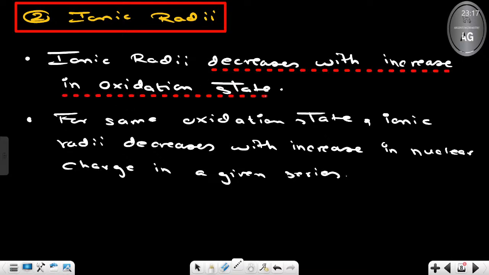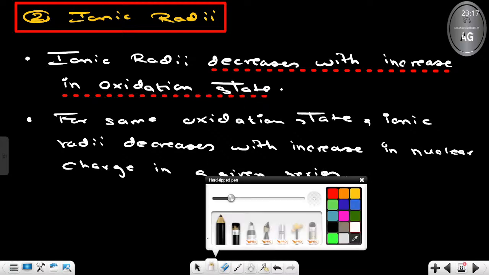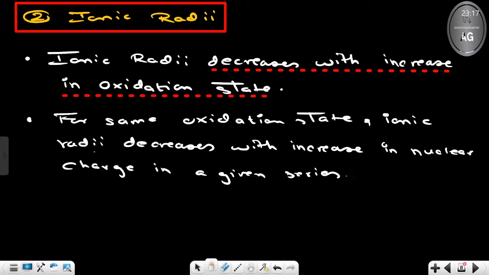In the periodic table, we have seen that as and when charge increases, ionic radius also decreases. Similarly, here also ionic radius decreases with increase in the oxidation state. Actually, the charge was only the oxidation state. That time you did not understand. But charge is only oxidation state, right?